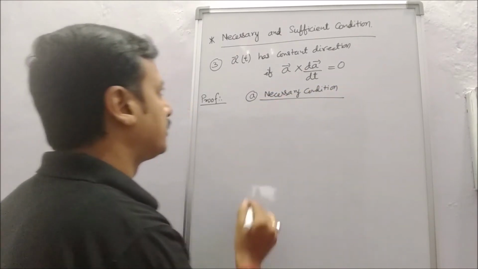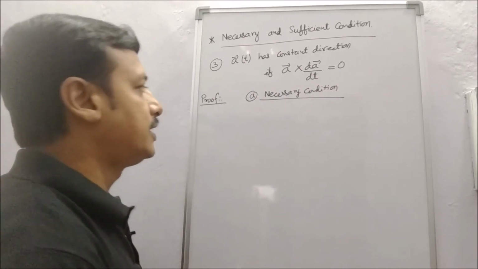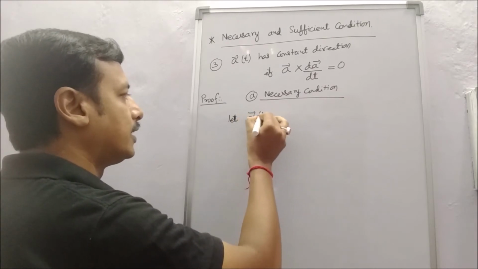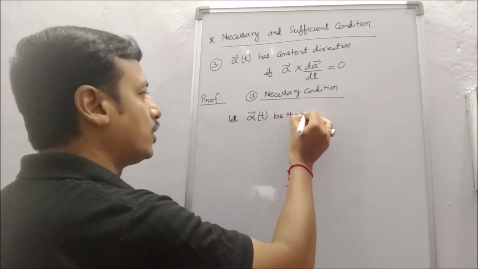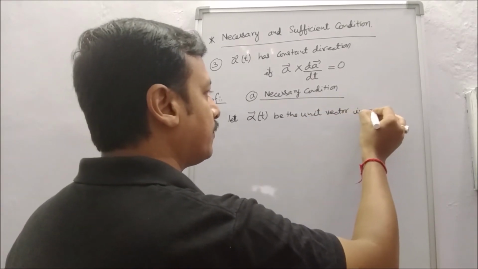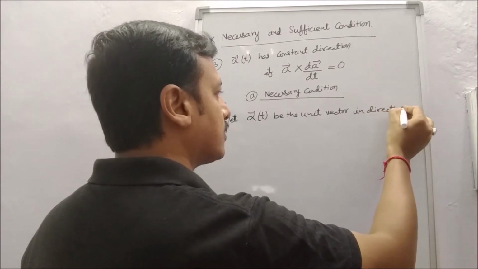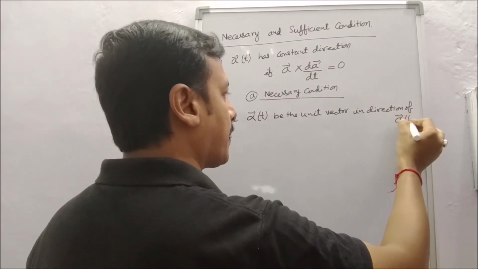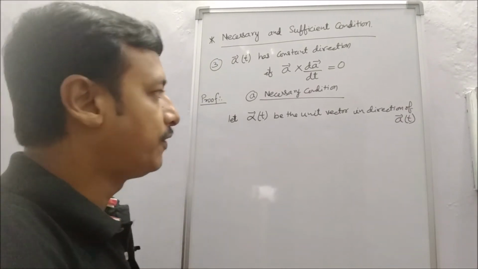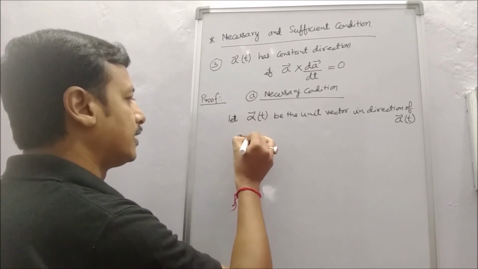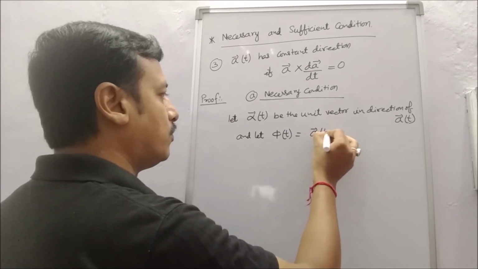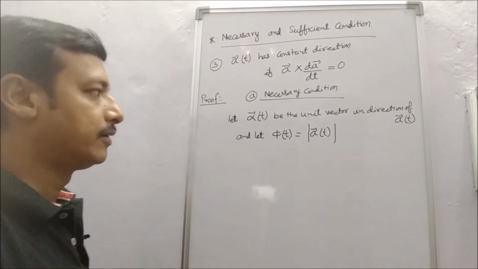In the necessary condition, A(t) has constant direction. So let alpha(t) be the unit vector in the direction of A(t). Alpha(t) denotes the unit vector in the direction of A(t), and let phi(t) be the modulus of vector A(t).